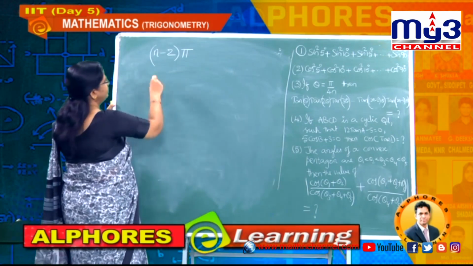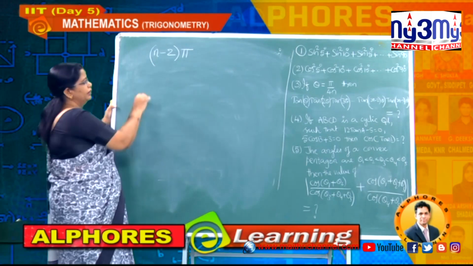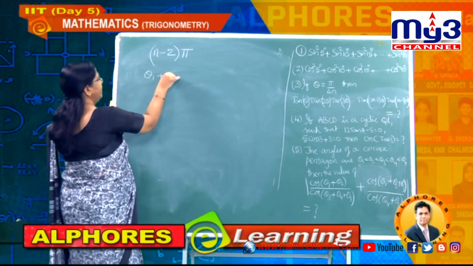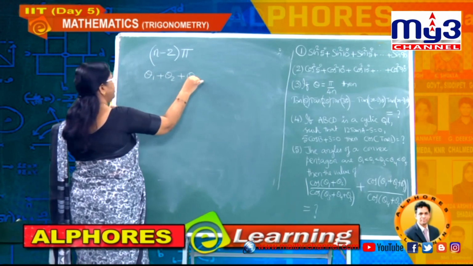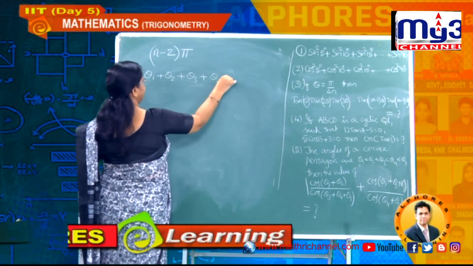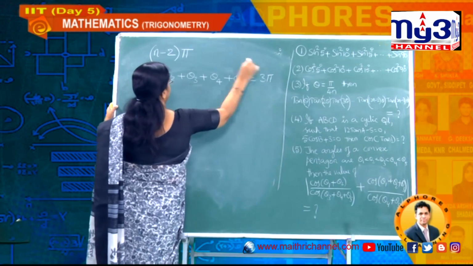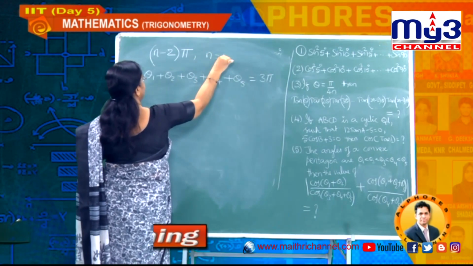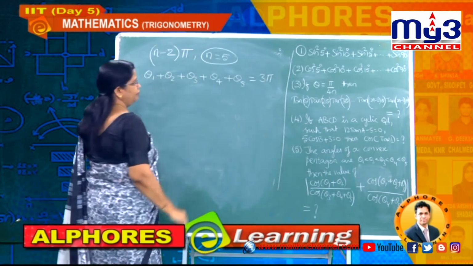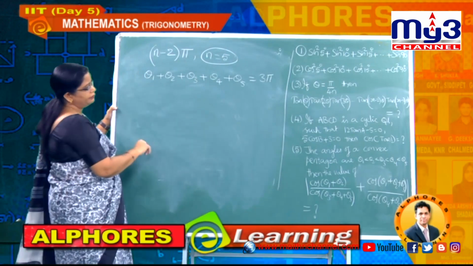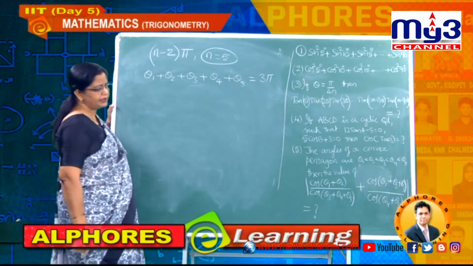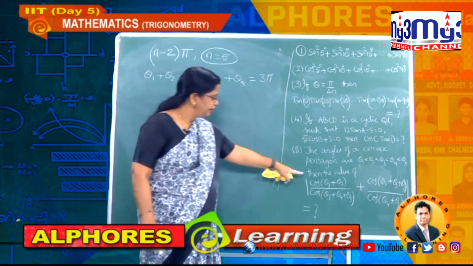So here I am substituting n as 5, that is sum of all interior angles, theta 1 plus theta 2 plus theta 3 plus theta 4 plus theta 5. Now you got how much? 3 pi. Here we have taken n equal to 5 because it is a pentagon. And now first value theta 1 plus theta 2, this I am putting as it is.